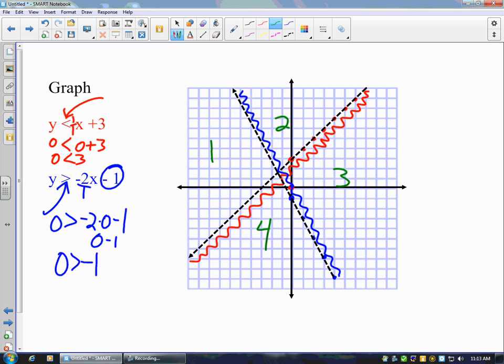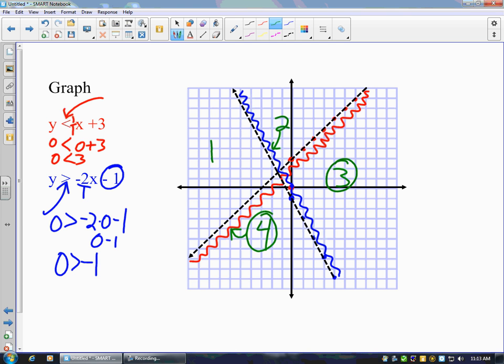Section 2 is only shaded once by the blue. So that means every point to the right of that will satisfy the blue equation, but not necessarily the red equation. I'm going to skip down to 4. 4 is just like 2. Everything on this side will satisfy the red equation, but not the blue equation.